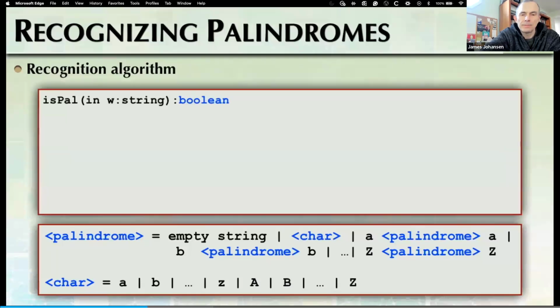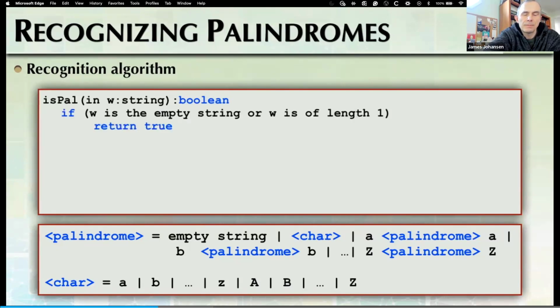We'll take W as the string that we're being given, and our function pal will return true if W is a palindrome and false if W is not a palindrome. Well, first we have our base case. If W is empty or it has one character in it, hey, we've got our palindrome. We're all set.